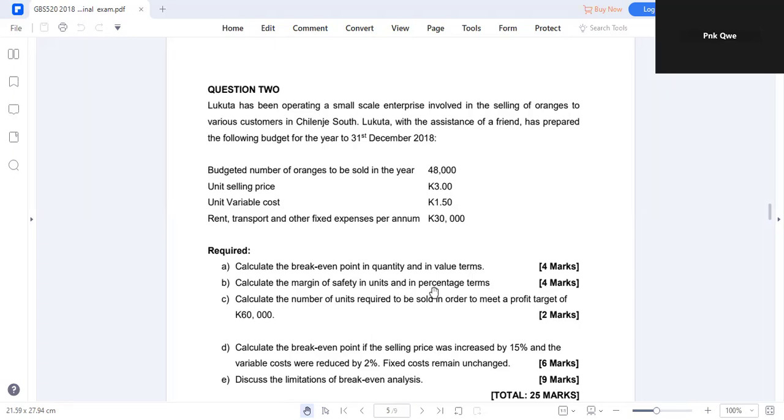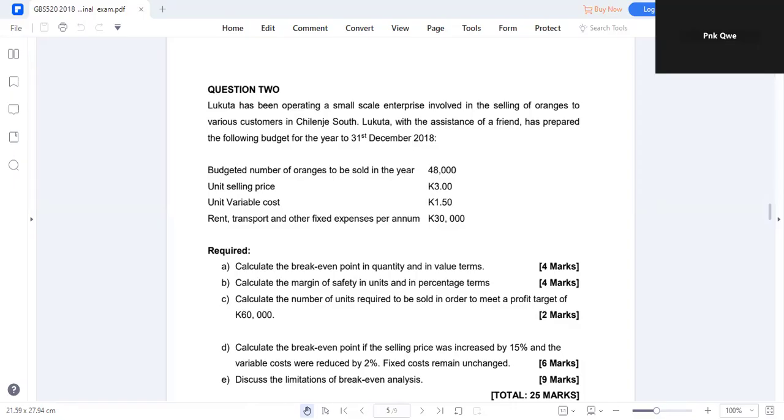So these ones here, we remember how we calculate them. 8 marks are assured. How do we get the break-even point in units and value? Okay, so we've been given all the data that we need. So the contribution is simply selling price minus what?